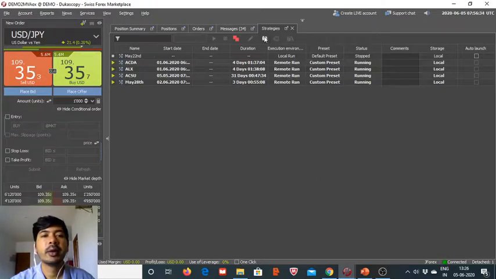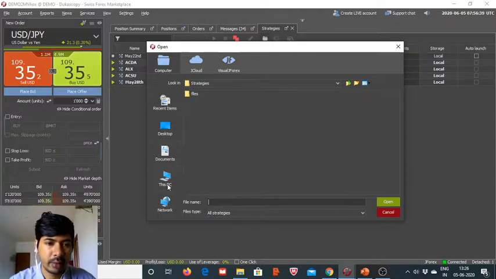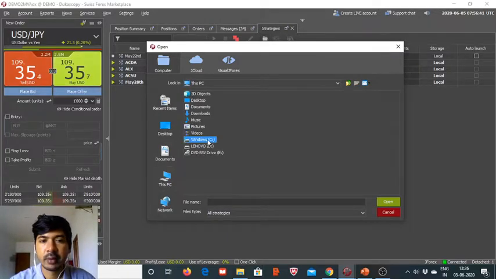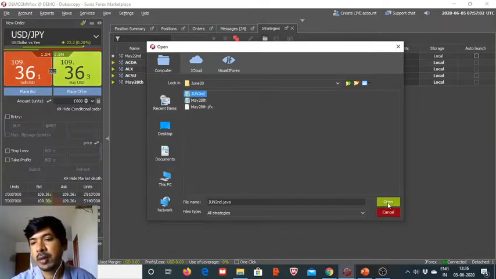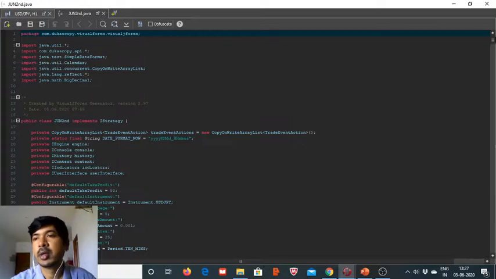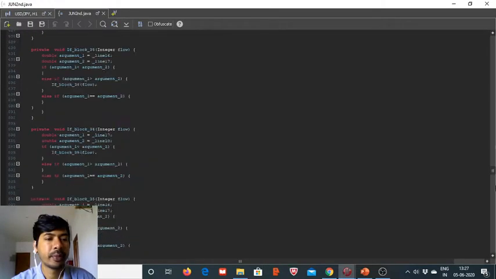And here I have a couple of earlier algorithms running. Now we have to go to the same folder, location, and June. We got this file June 2nd. So here is the code in Java.